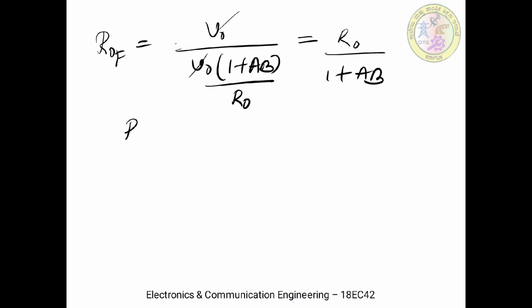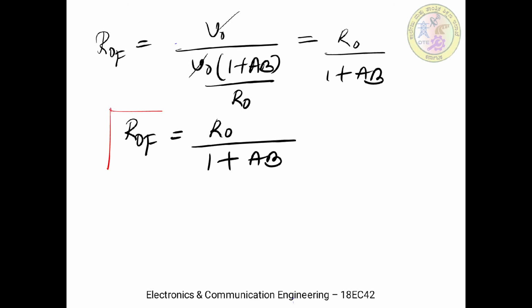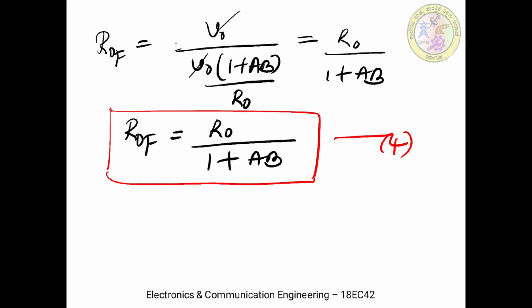So in the presence of feedback, the output resistance is reduced by a factor 1 plus AB. This is the expression for ROF in the case of the inverting amplifier with feedback.